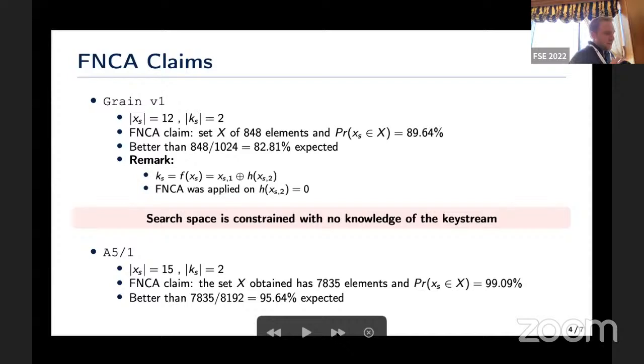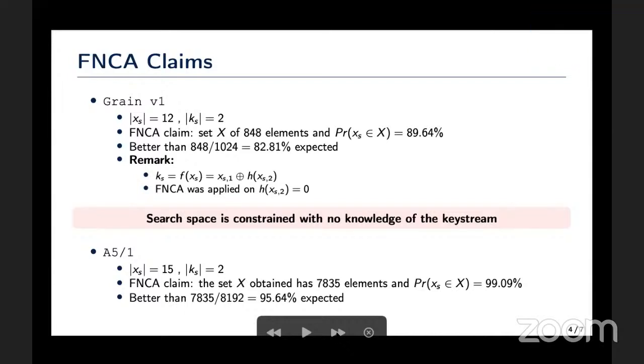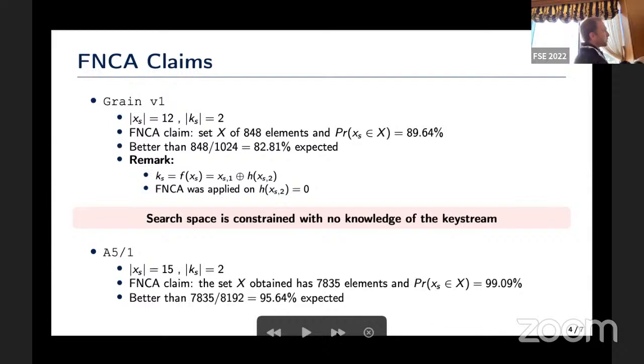What is very interesting with this application is that the function f can actually be written as a linear part plus a function h. And the technique is applied on the function h equals 0. It's like you applied it with the key stream equal to 0 and the function h. So basically you restrict the search space without any knowledge of the key stream. That was very suspicious.